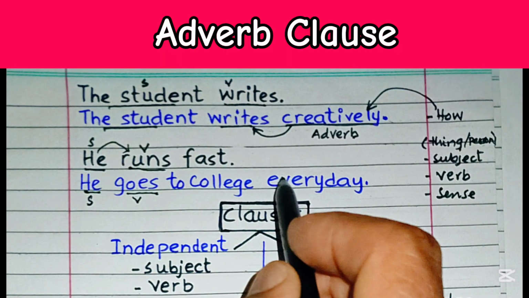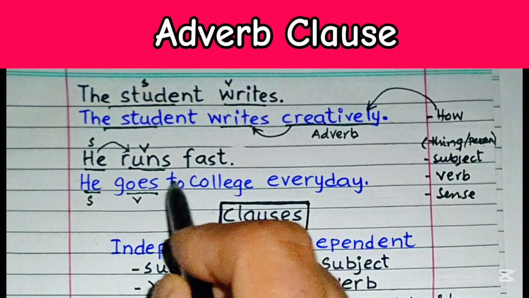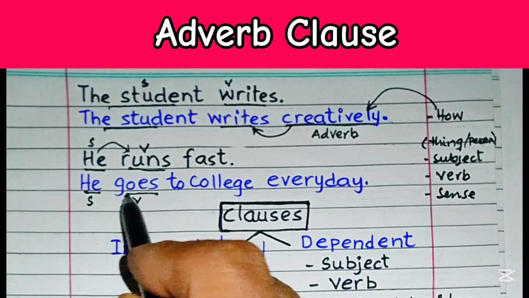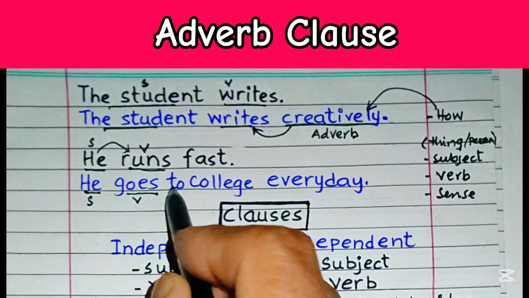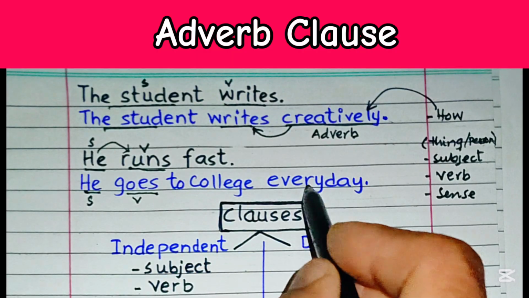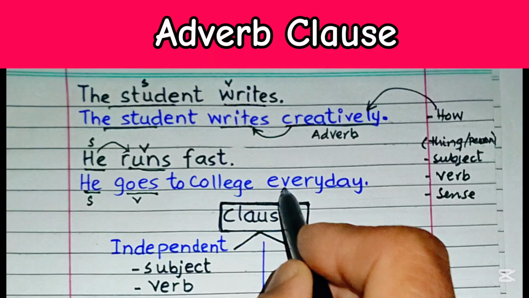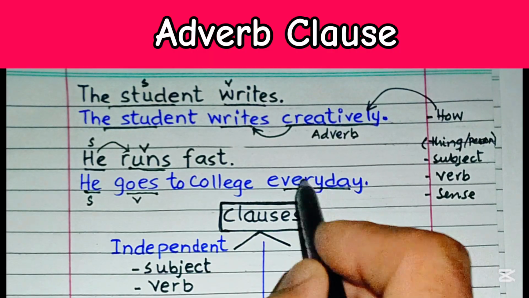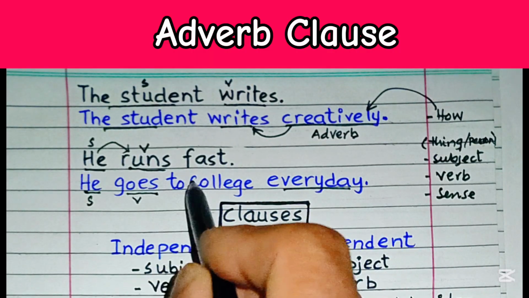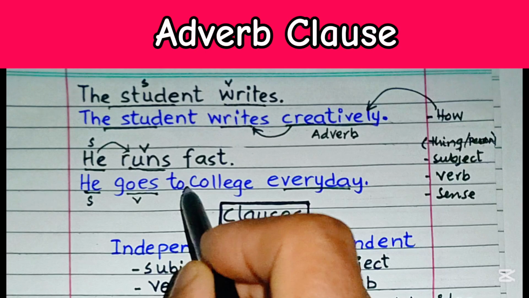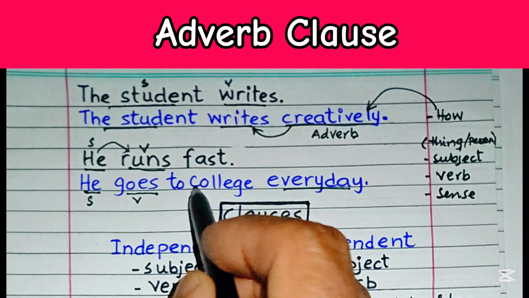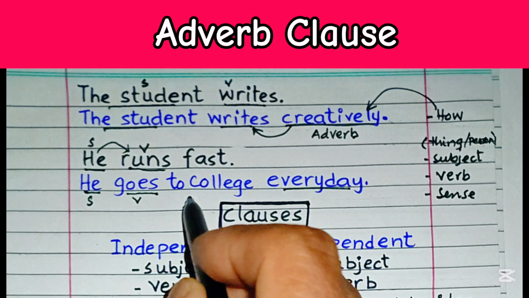Once again, we have the same concept. He goes, a subject and a verb, and then this is a prepositional phrase, to college, and then every day. This is adding to make sense or to make meaning of this particular sentence or clause.